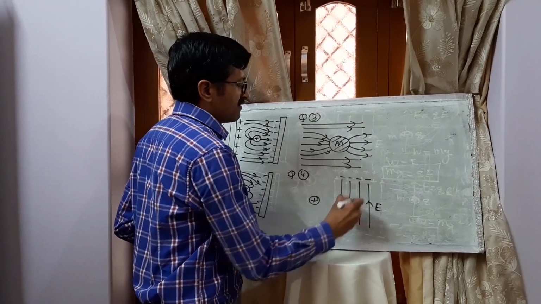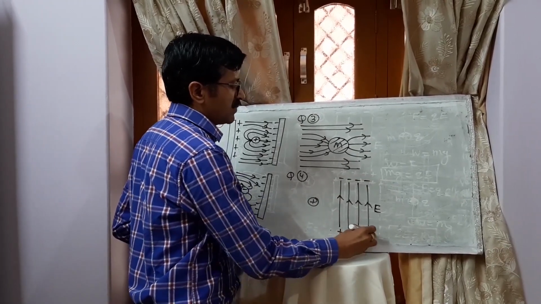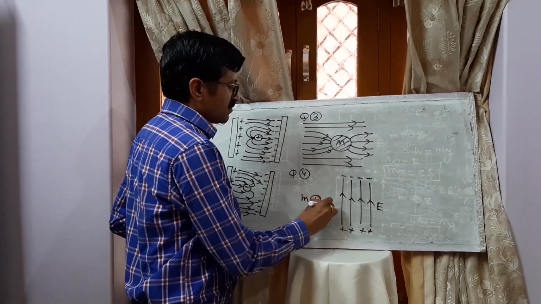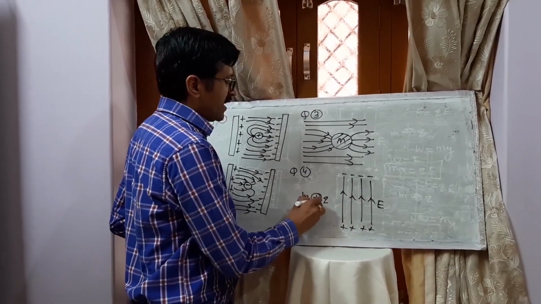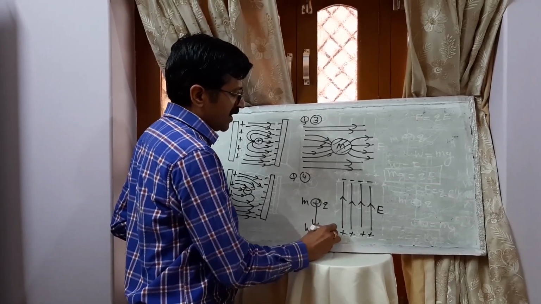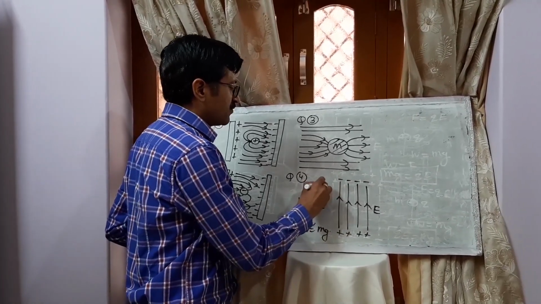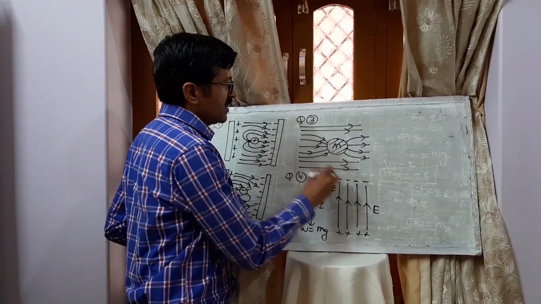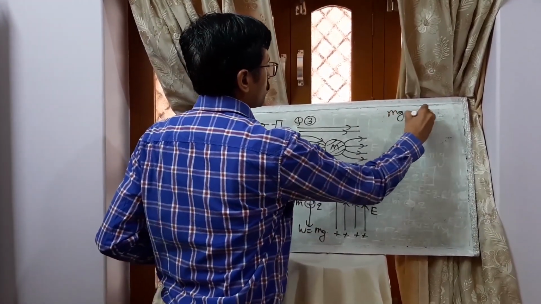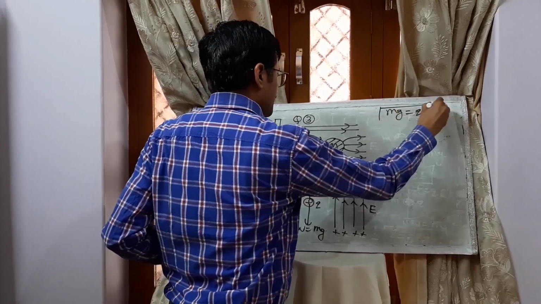Then the upper part will become negative and the lower part will become positive. The mass and charge of the particle are M and Q, and the weight will be W equal to mg. The force will be upward, F equal to QE. These will get balanced and mg should be equal to QE. So this is an important relation.